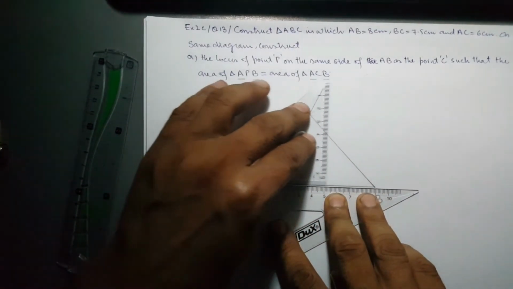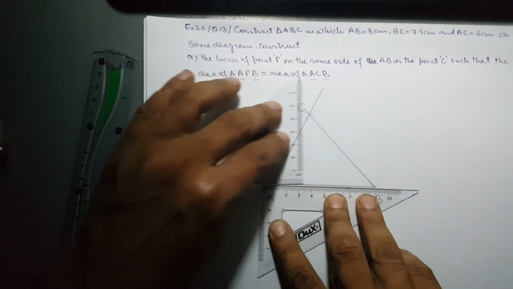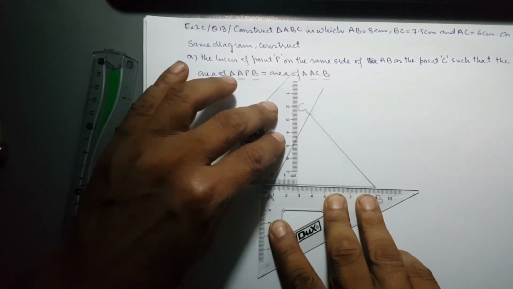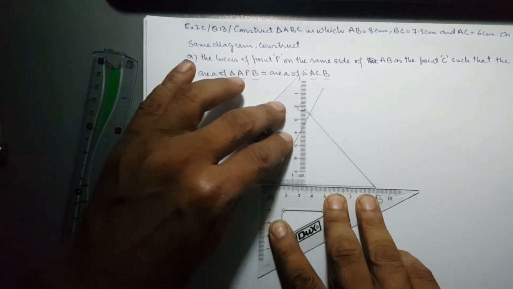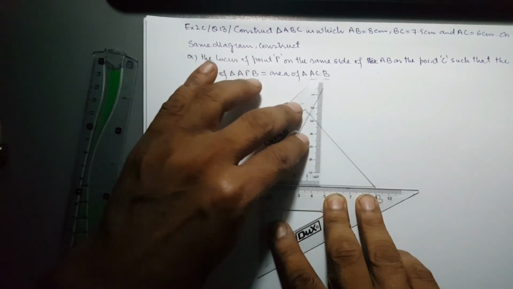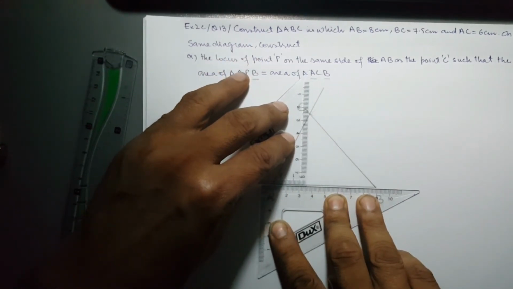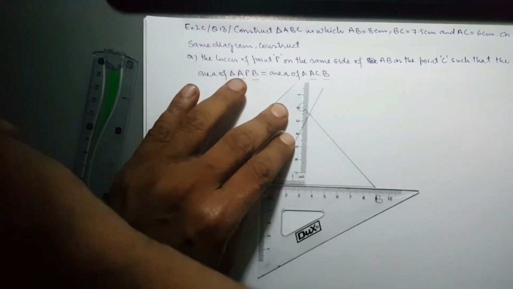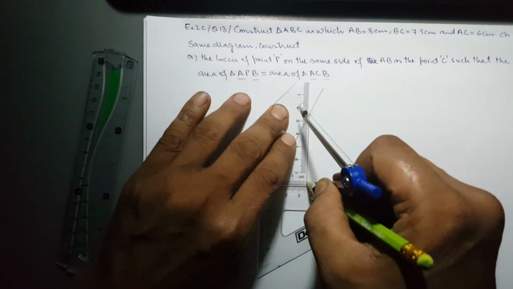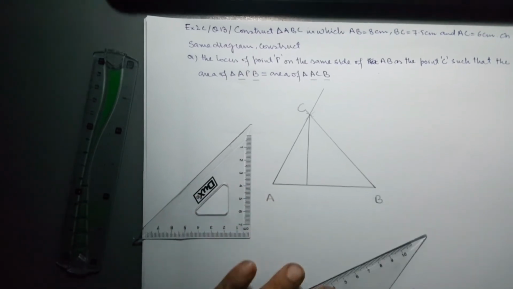And when I will move the upper triangle along the base, I will get lines perpendicular to AB. Now you can see that this line is perpendicular to AB and passing through the point C. So this one is the height of the triangle ABC.